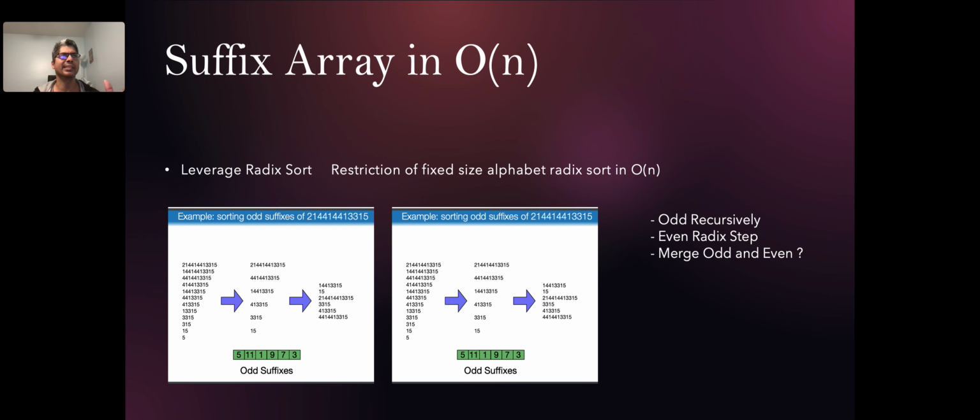You do the GSA for odd suffixes, and then the GSA for the even suffixes, at even positions. So for this string, I get the odd, and then I do the even, and then I try to merge odd and even, but this was problematic.